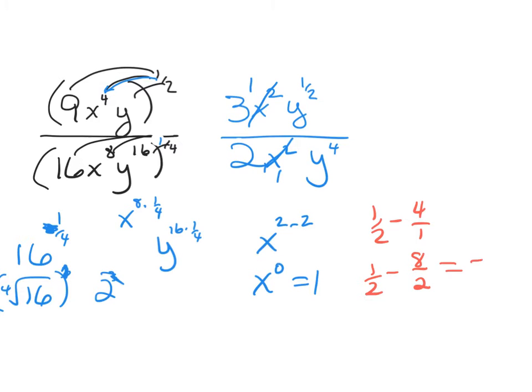And now I get -7/2. So y to the -7/2 tells me I write the y in the denominator. So my final answer here is going to be 3 over 2 y to the 7/2 power.